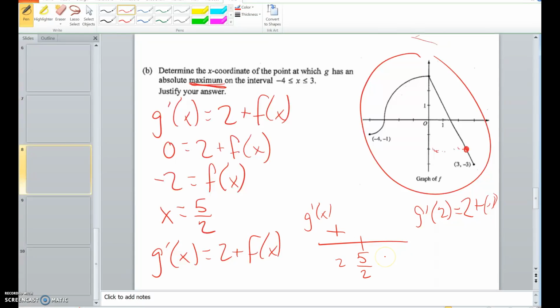And if we plug in a test value of like 3, f of 3 is -3, so you get 2 plus -3. That's going to be a negative number. So in fact, g prime is changing from positive to negative, and 5 halves is a maximum. So that's that.